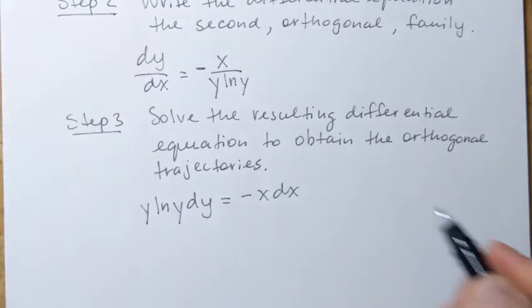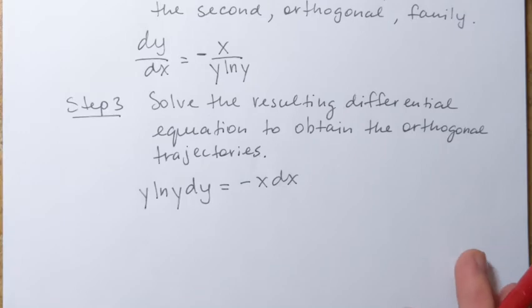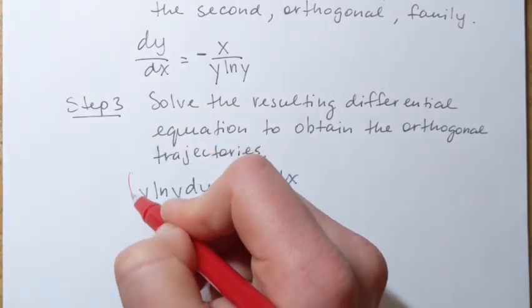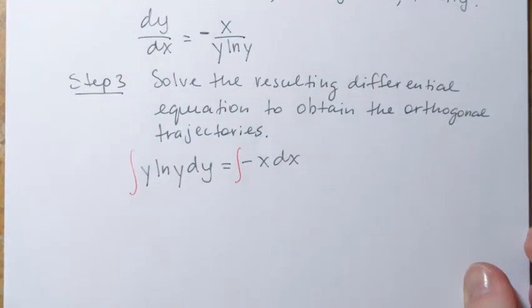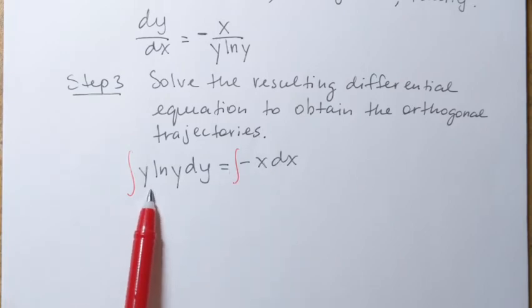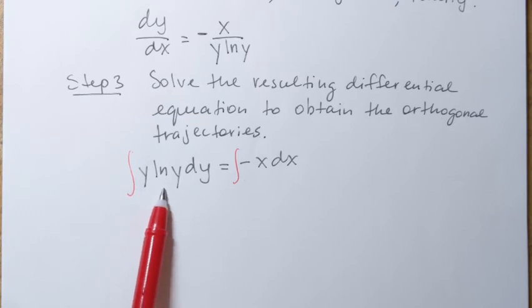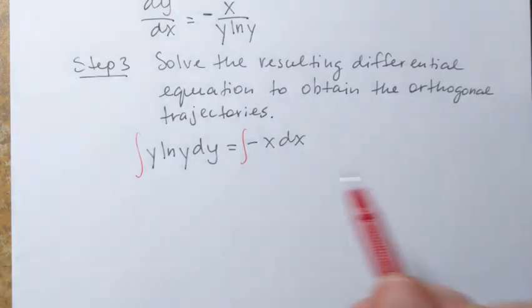And once we separated variables, now we simply integrate both sides. We shouldn't have any problems with the right hand side, so maybe we can leave it alone for now. Let's integrate the left hand side, since there will be a few steps involved.